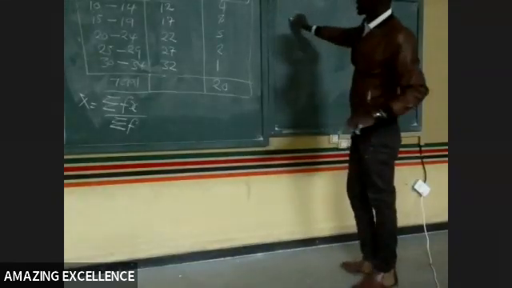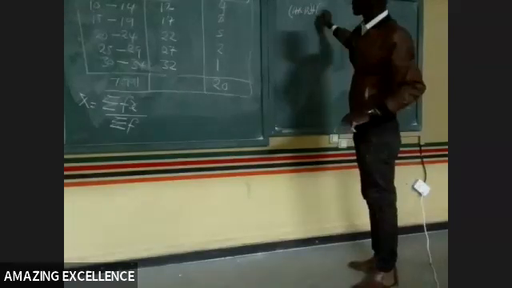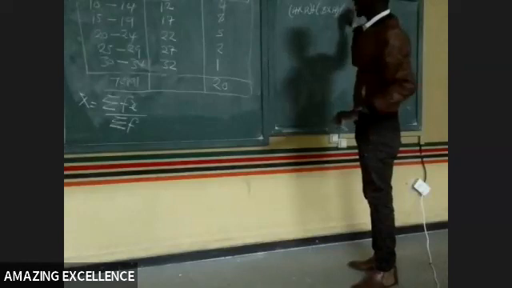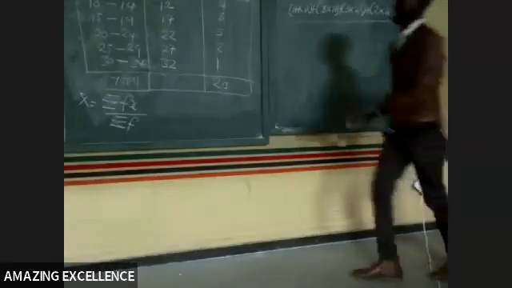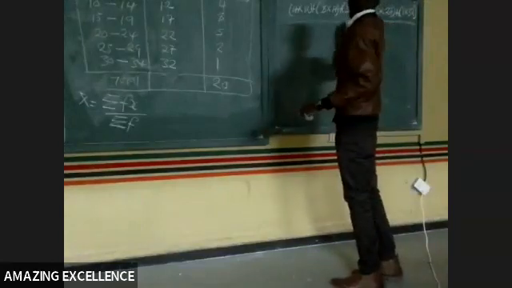The first frequency is 4 times 12 plus 8 times 17 plus 5 times 22 plus 2 times 27 plus 1 times 32. All over the total sum of the frequency, which is 20. This is going to be our mean.